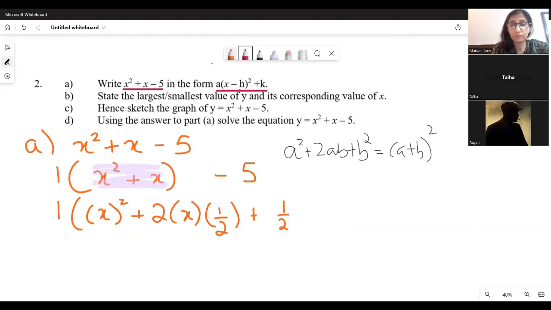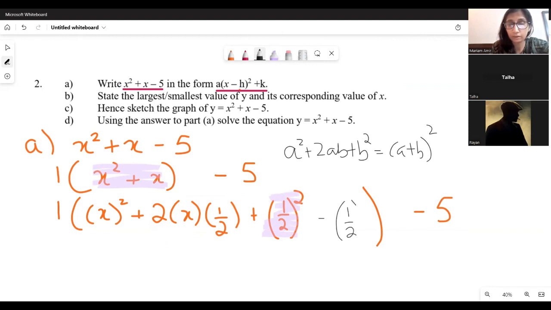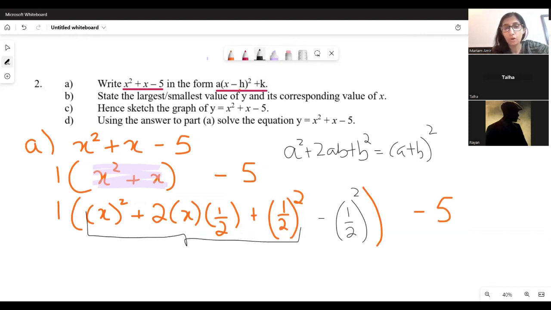But I have added this myself to the equation, it was not there. It is not part of the actual question, so I will also have to subtract this, minus half square. Now, the next step is that you merge these 3 into (a plus b) whole square.